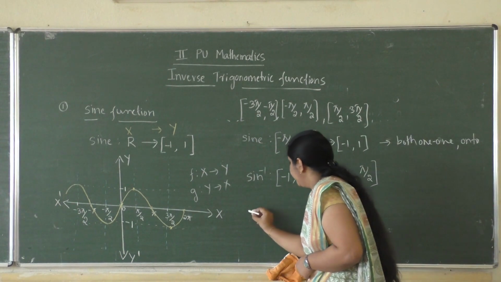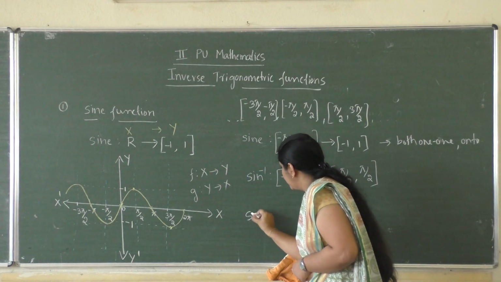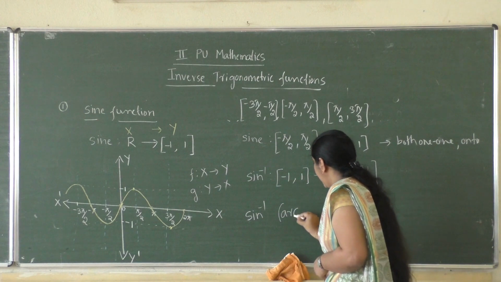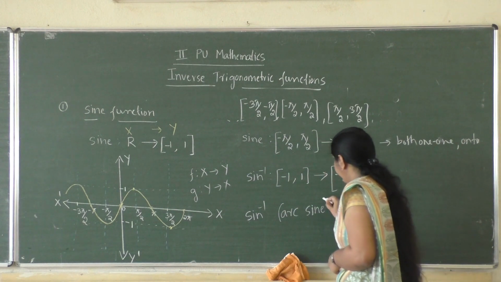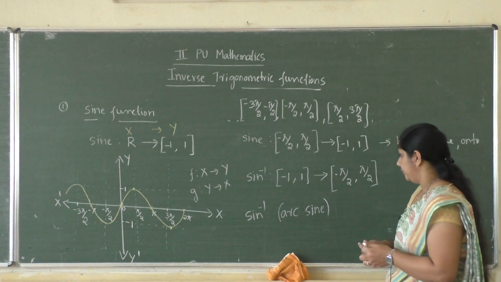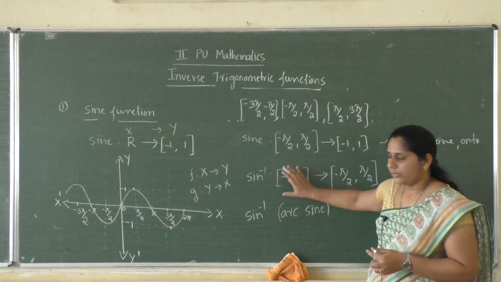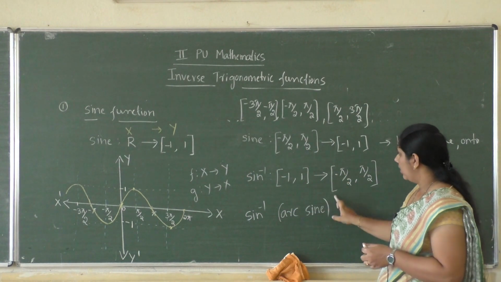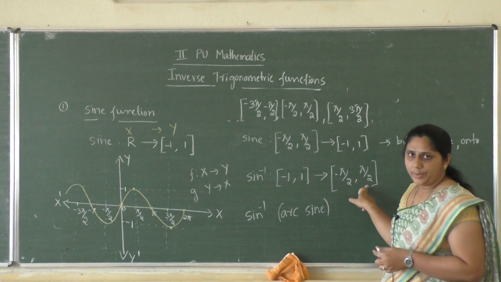The inverse of sine, that is sine inverse, can also be written as arc sine function. So arc sine means the same as sine inverse. What is the domain of sine inverse? It is closed interval -1 to 1, and the range is closed interval minus pi by 2 to pi by 2.